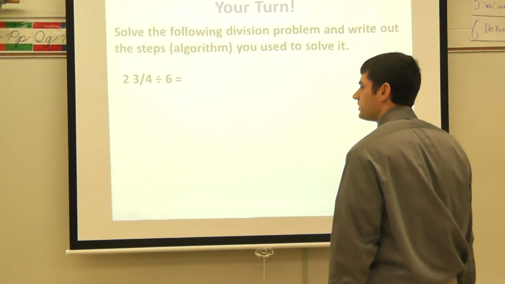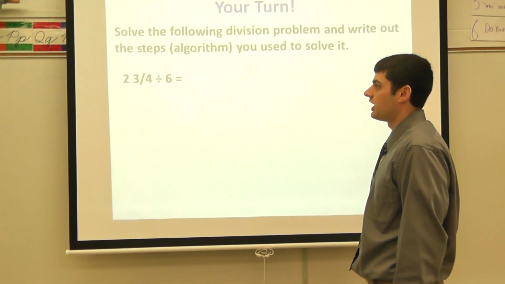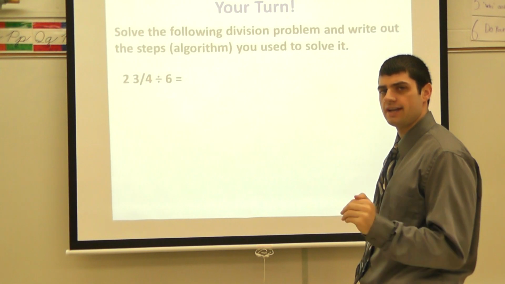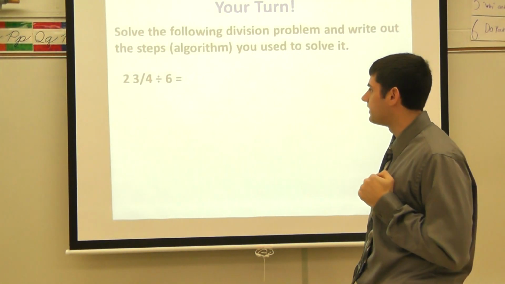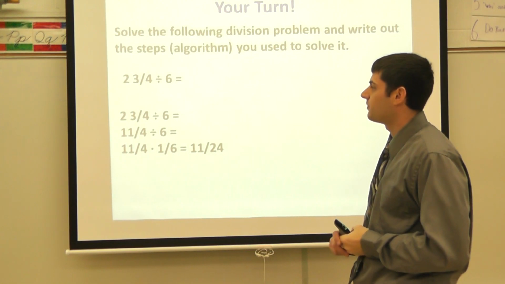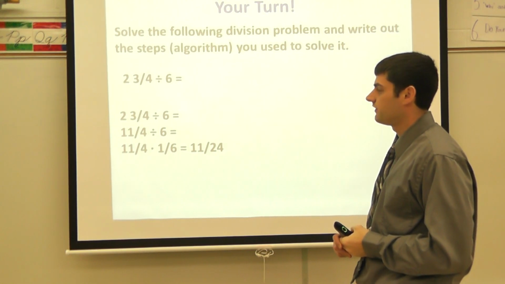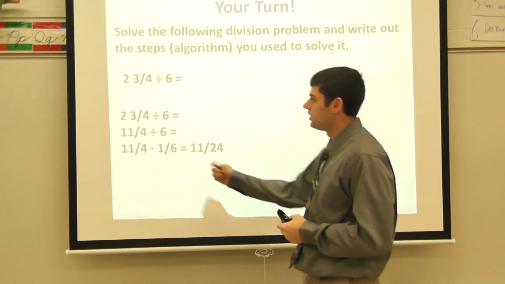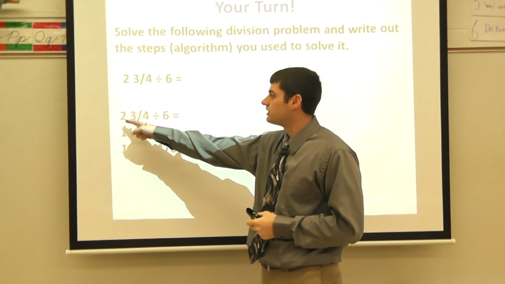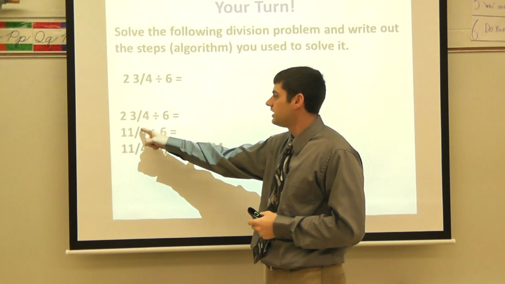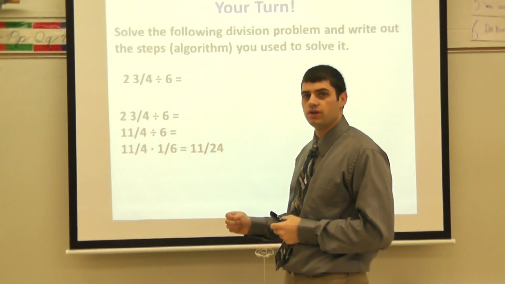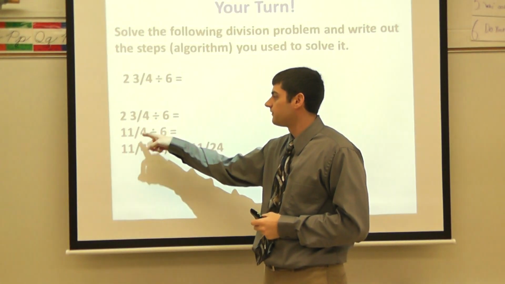Okay, when taking a look at our problem up here, I have 2 3/4 divided by 6. And then you had to come up with the answer and also the steps you use to solve it. Let's take a look. What's the first thing I could do in this problem? Well, we can use that backward C. 4 times 2 is 8. 8 plus 3 is 11. Keep 4 on the bottom. So I changed my mixed number into an improper fraction to get 11/4 here.